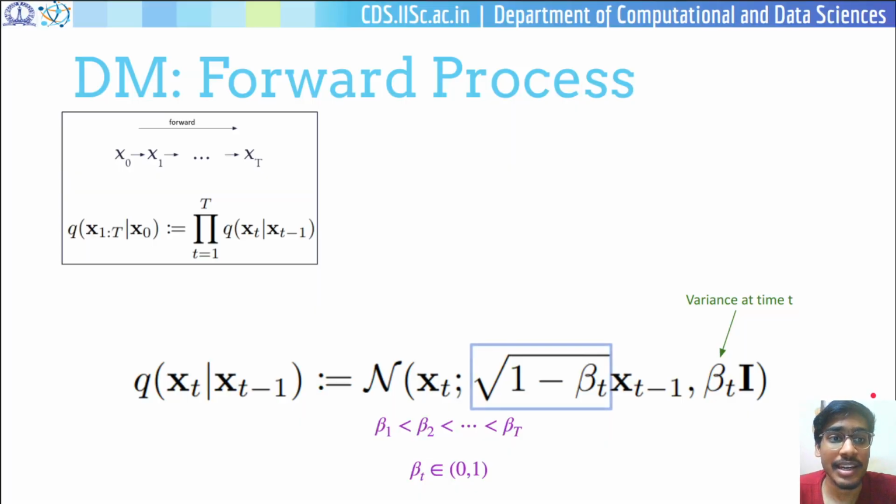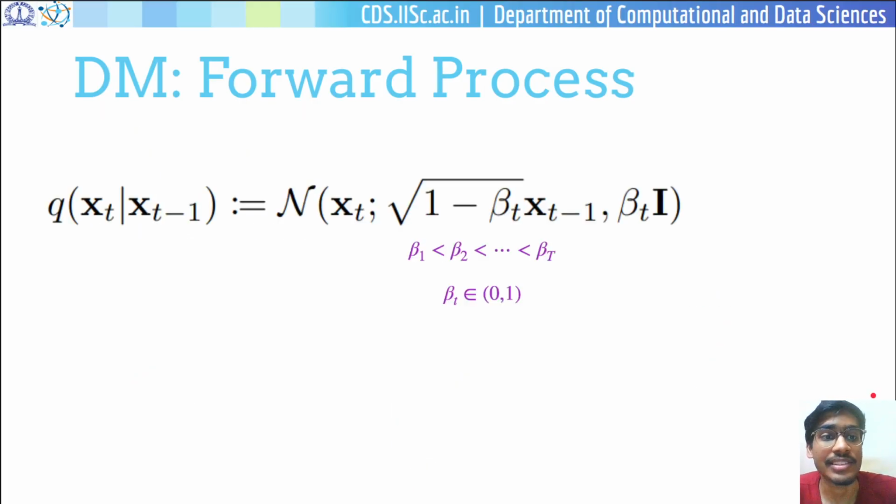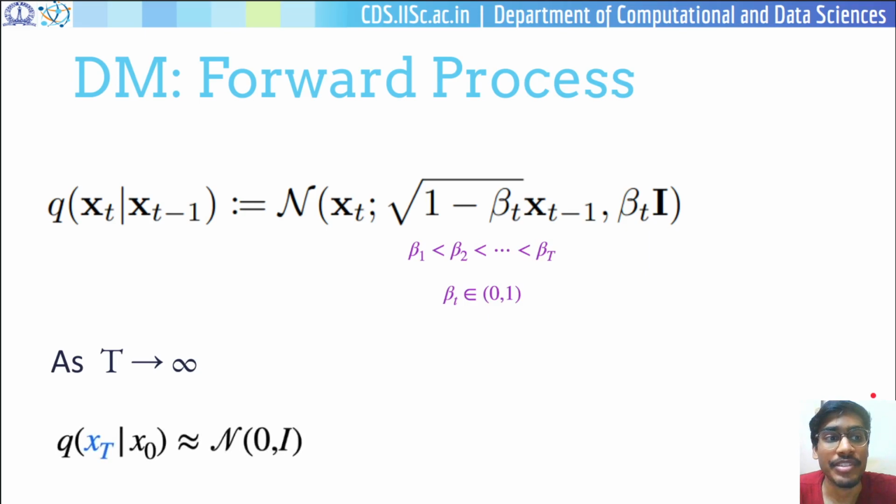And it also means that this coefficient right here, root 1 minus beta t, will also be non-zero and less than 1, bringing the mean of each of the Gaussians closer to the origin as t increases. In the limit as t approaches infinity, we can check that Q will approach Gaussian centered at 0 with identity covariance, losing all information from the original sample.